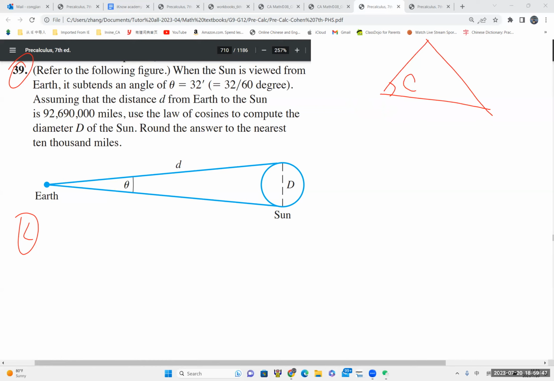How about we just call it C? Then we know this side a, this side b, and we want to know this side c. So we have c squared equals a squared plus b squared minus 2ab cosine C. Then you just use this formula to do this problem.